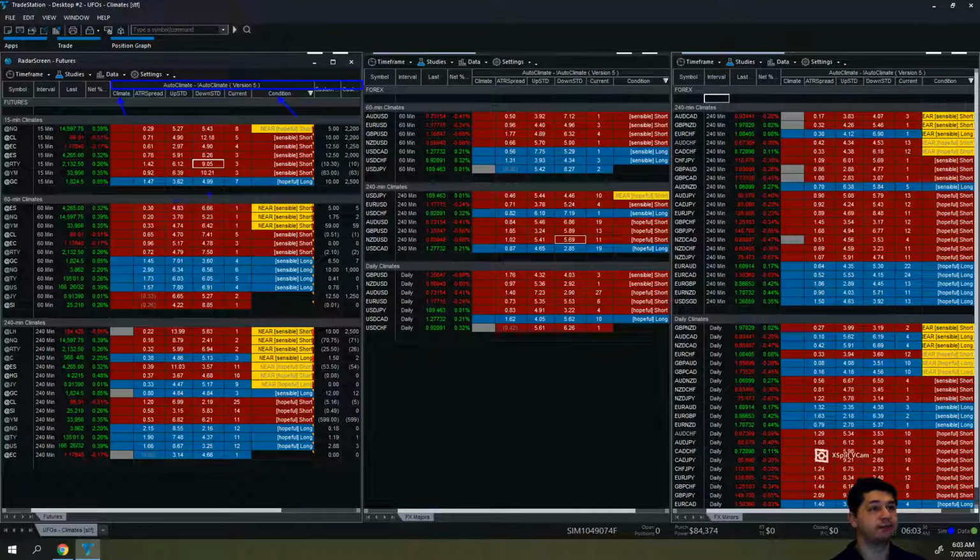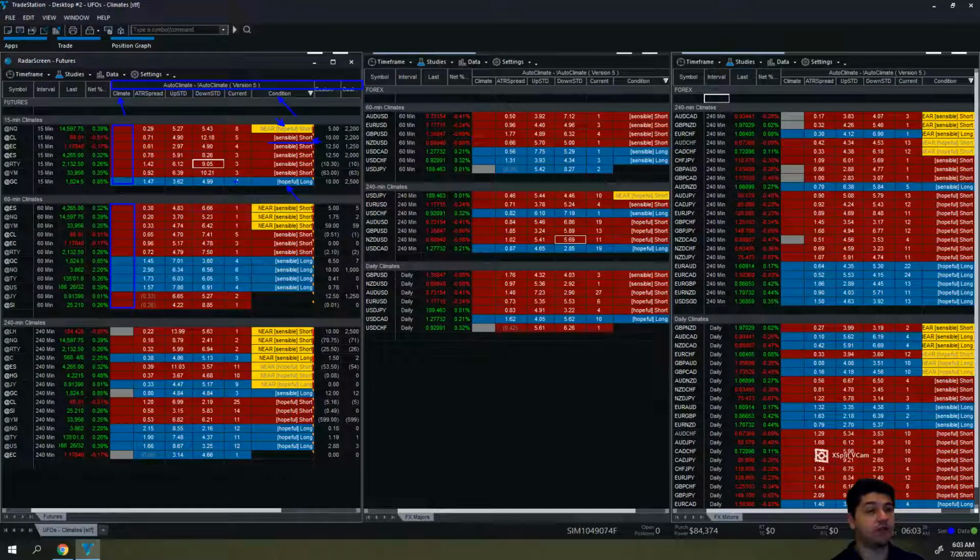So the first thing that we want to have is a confirmed climate, which means either a red or a blue rectangle here, which we do, right? In most of these, it's the case. The next thing that we want to have here in this condition is a sensible short or long, right? Sensible, not hopeful, definitely not hopeful, because we want to put odds in our favor.